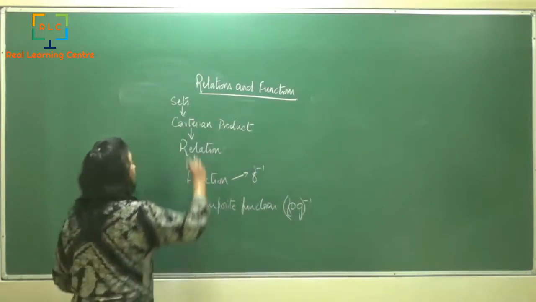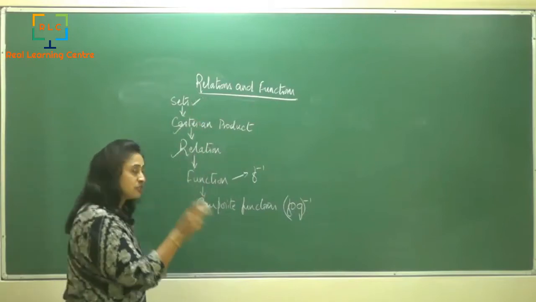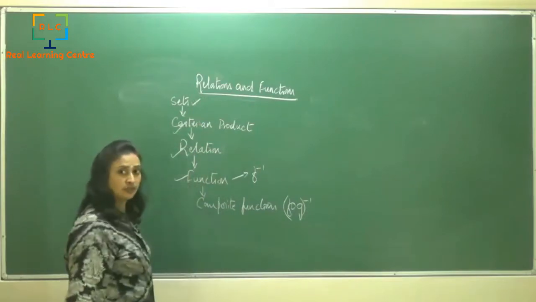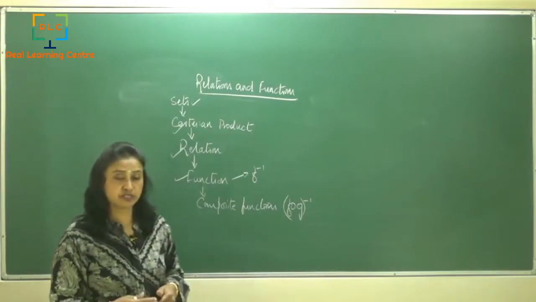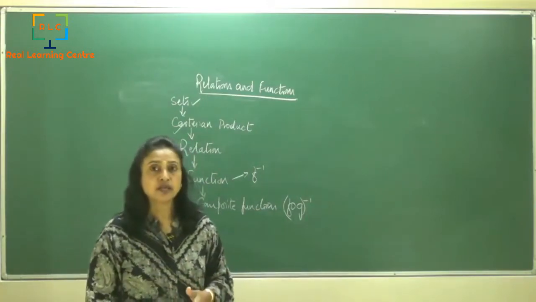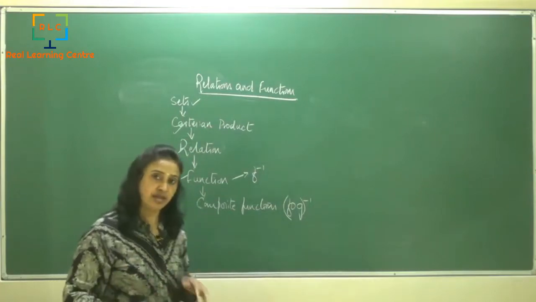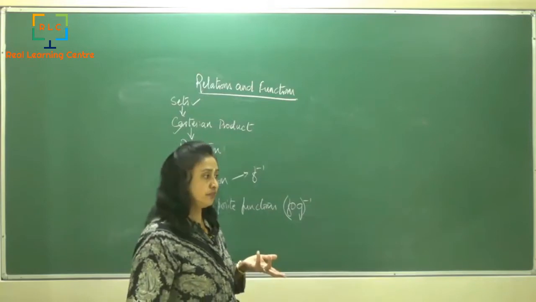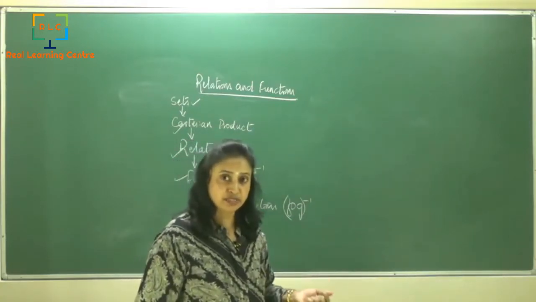You have already learned sets, Cartesian product, a little bit of relations and a little bit of functions. What is a function in mathematics? Anything and everything which is expressed in terms of the variables and the constants together is called a function. That function may have any kind of parameter. If the variable that we are using inside the expression is x, we call it f of x.